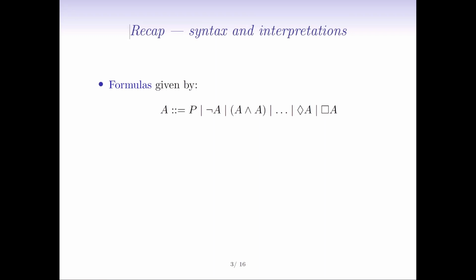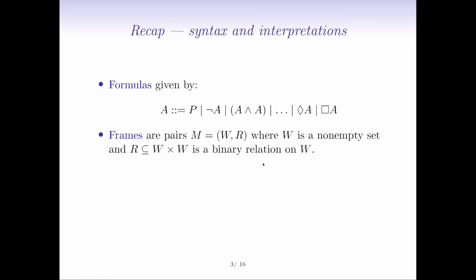We can also remember from the semantics that diamond A means A holds in at least one world accessible from the current one, and box A means that A holds in all worlds accessible from the current one. And you can also think of it in those terms. So semantically, we work with frames, which are essentially directed graphs.